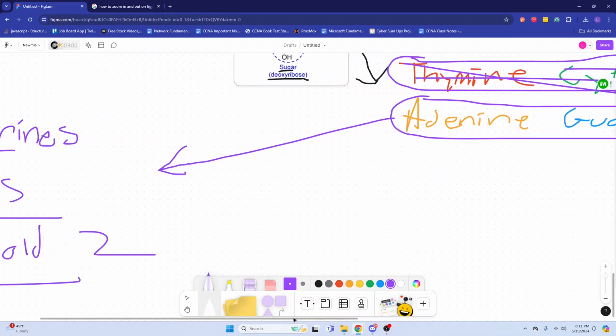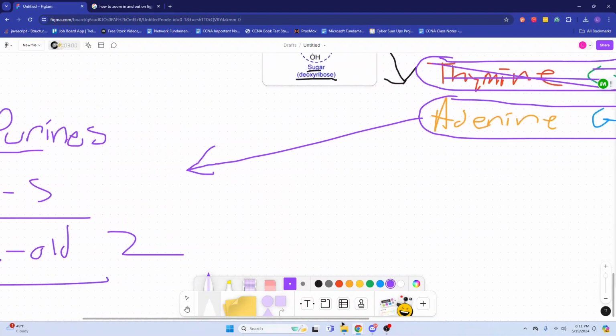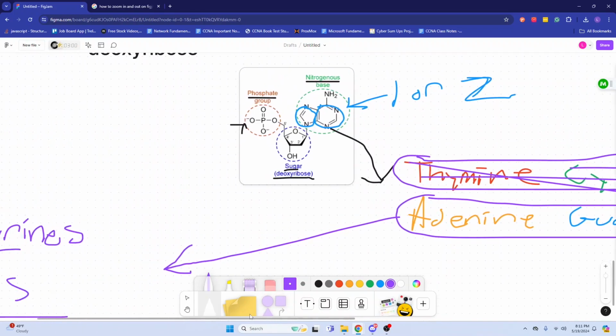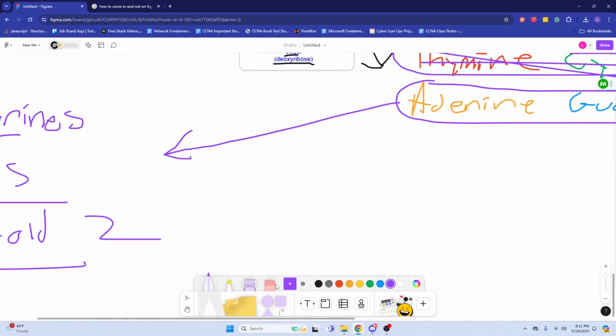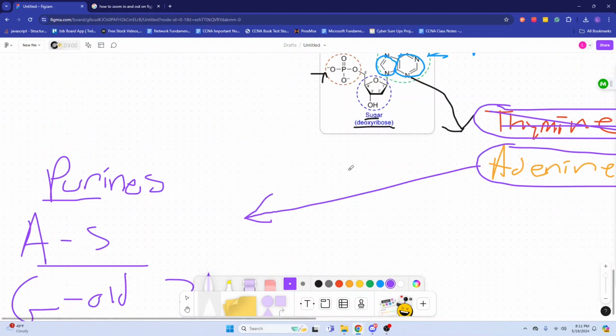These also will only pair with each other. What I mean by that is a purine can only match with a pyrimidine. This makes things convenient when we're trying to learn about base pairs.